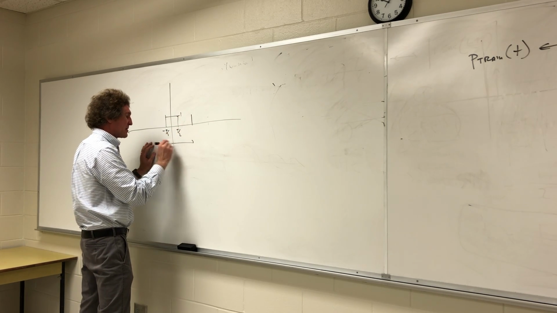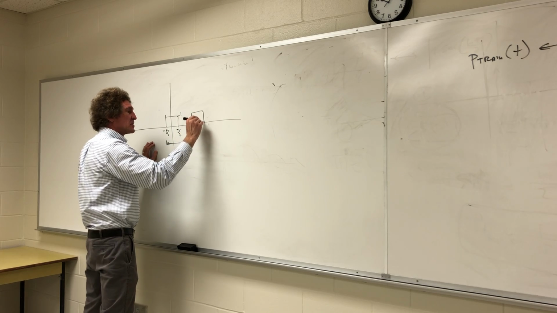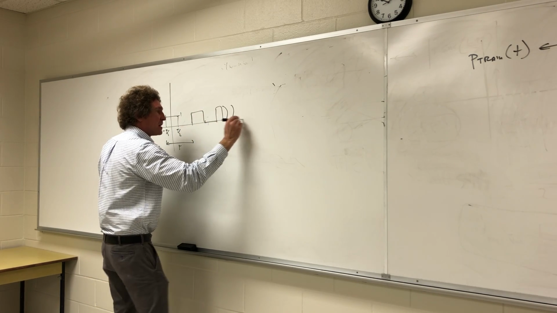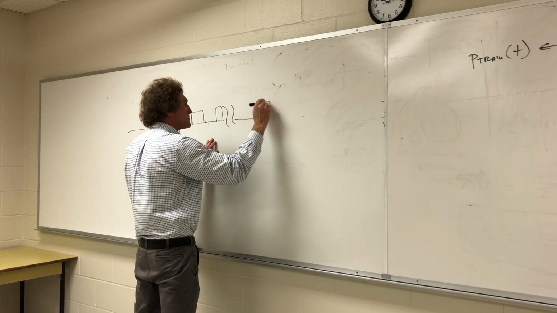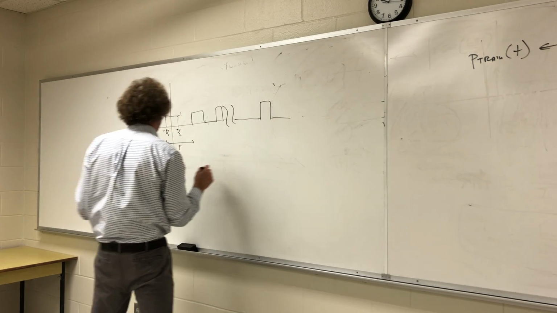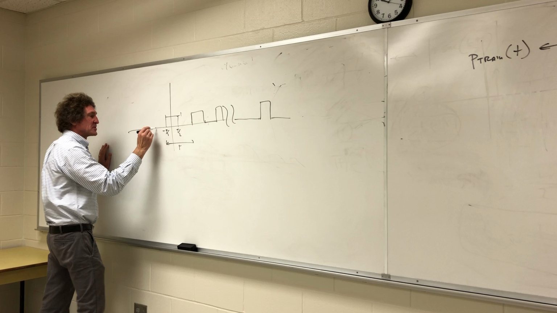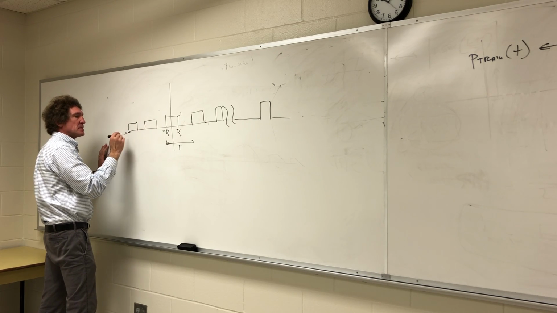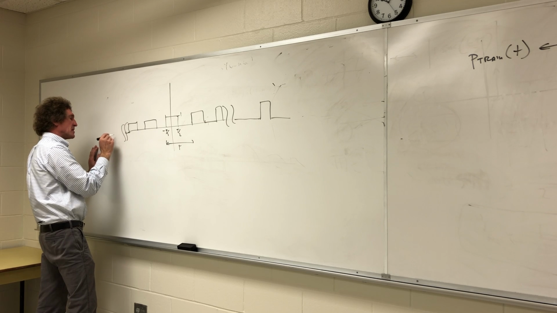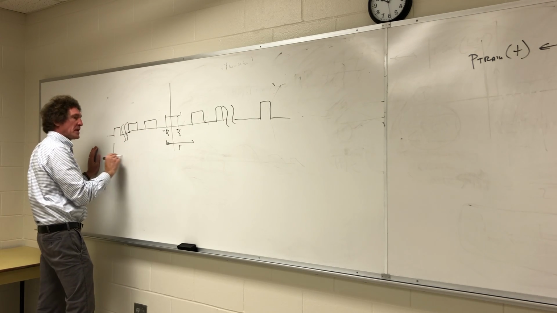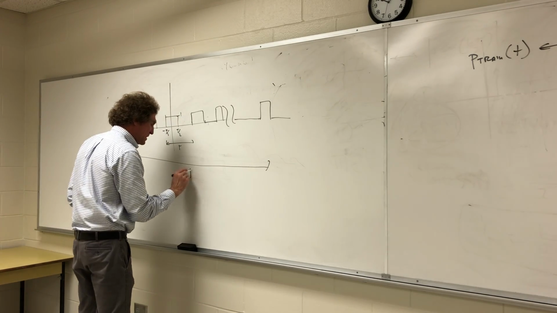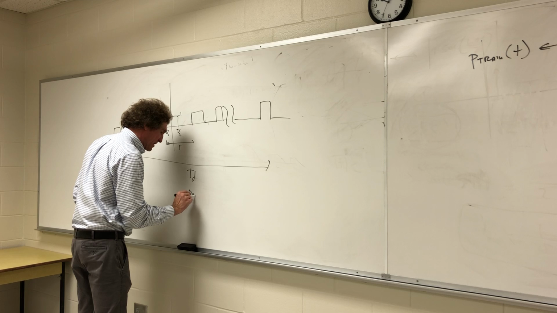So from here to here is T, and it's going to repeat itself, but it's only going to go out for a total time. This would be symmetric, even though I didn't draw it symmetrically. Just go with me on this. From here to here is T dwell, the dwell time.